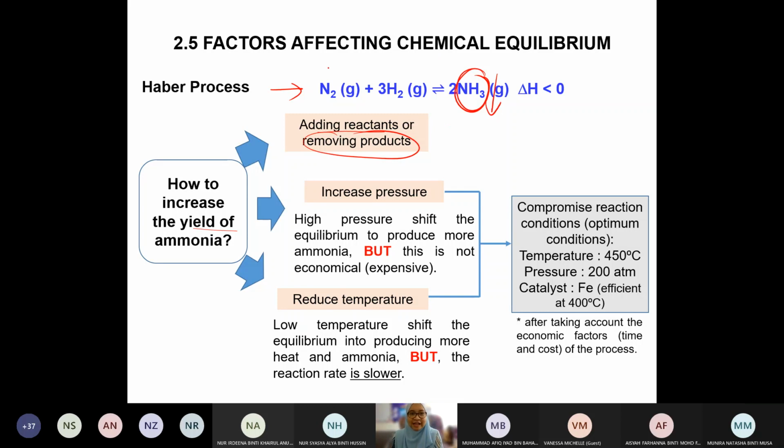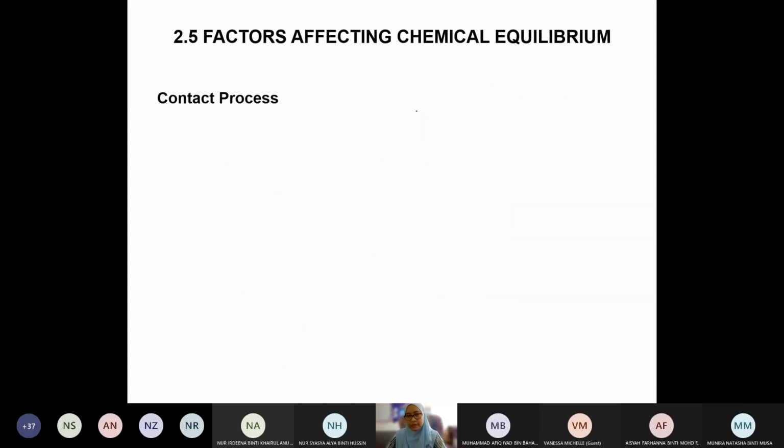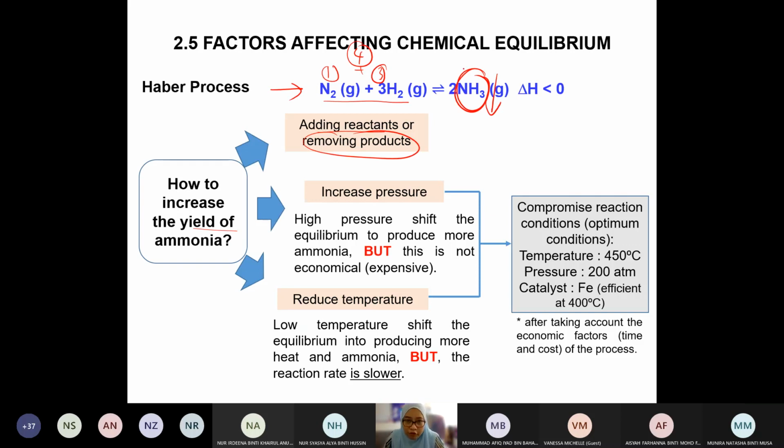See, this is 1 plus 3, so 4. On the left hand side we have 4 moles of molecules. On the right hand side we have 2 moles of molecules.